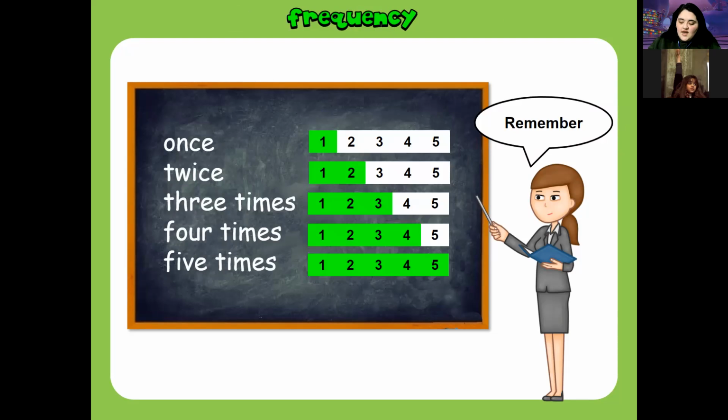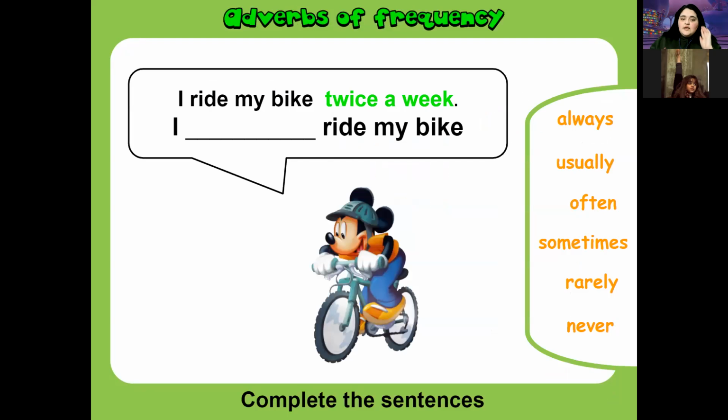Now we're going to do an activity. As you can see, each one is a complete sentence. We're going to read the first sentence with its time expression, and we need to fix it and add our adverbs of frequency. Okay? So the first one says, I ride my bike twice a week.